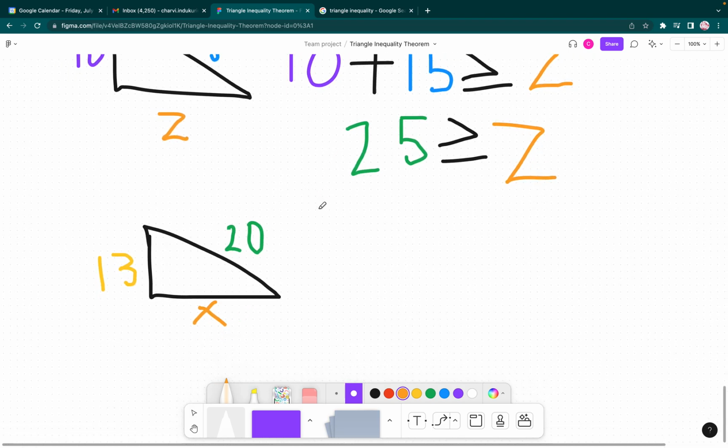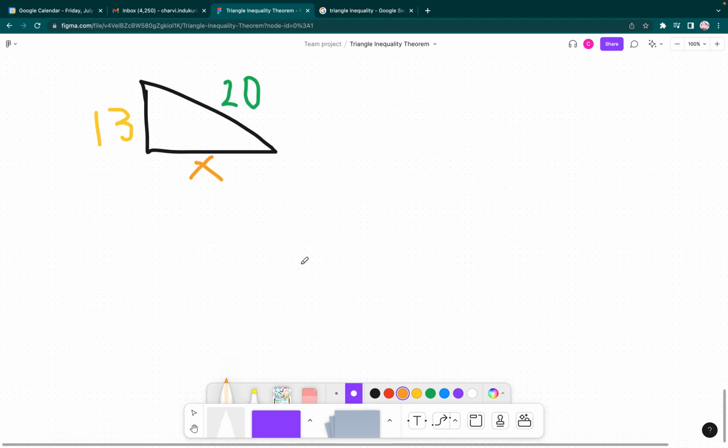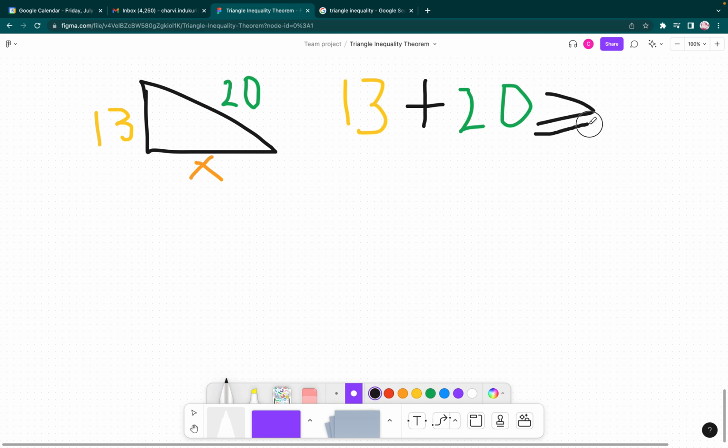Okay, next. I hope you guys got that. We've got 13 and 20 as the sides. So we're going to write 13 plus 20 is greater than or equal to x. Now we're going to simplify this equation.